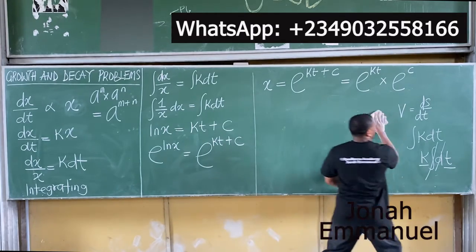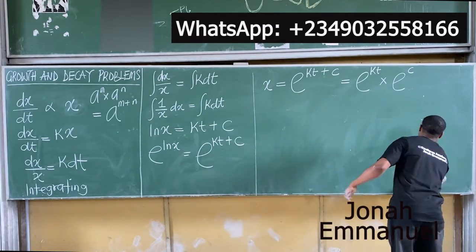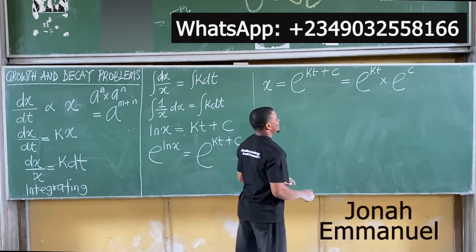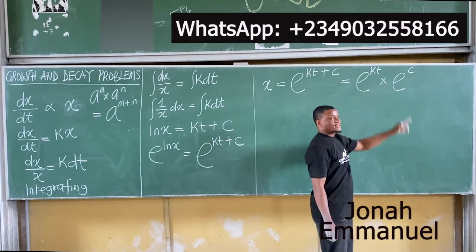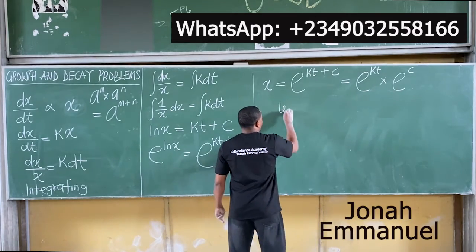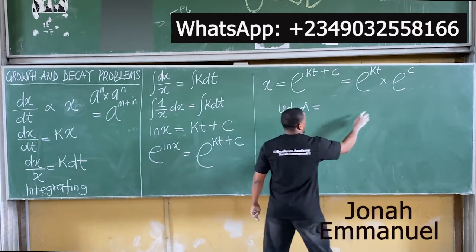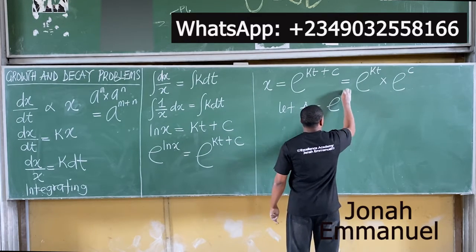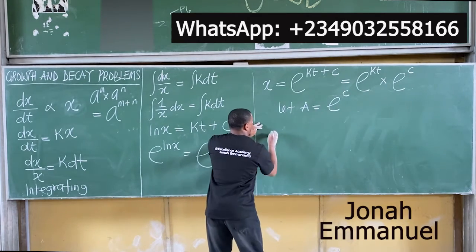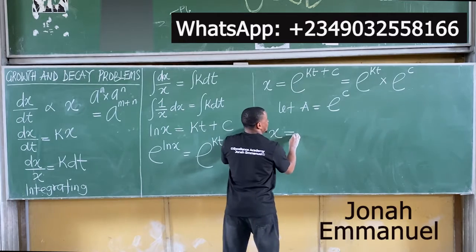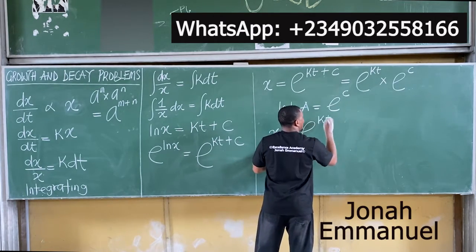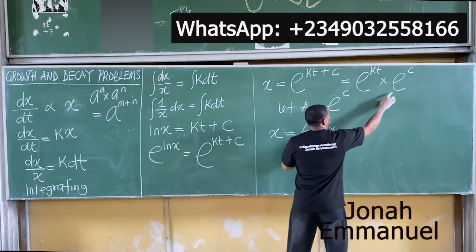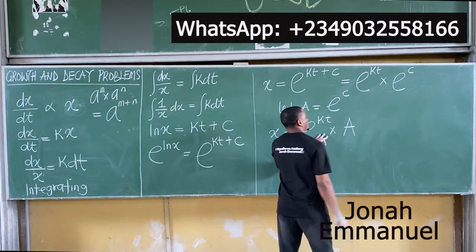You have this. So we are here. At this juncture, let's do something else. What else can we get? Let's use one alphabet to represent this. So I'll say let A be equal to what I have here, exponential C. What do you have there? You have that x is equal to exponential kt multiplying what there? A. Let A be this.